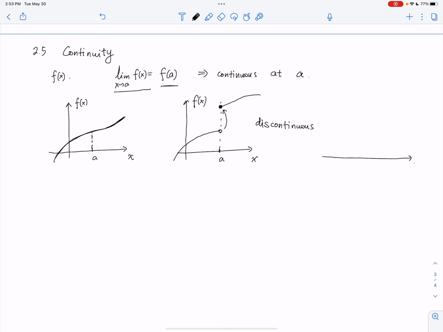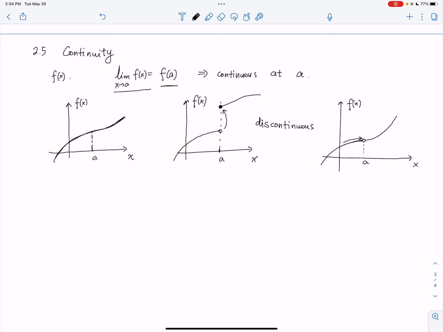Another case would be something like that. You have a function, you have an open circle. Open circle means you cannot be there. This is forbidden, so you cannot touch this point. If this is A, and you want to follow the curve from below to above, you can do this, but once you are getting closer and closer to this point A, you cannot be there.